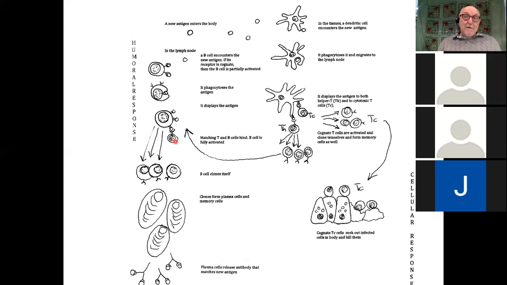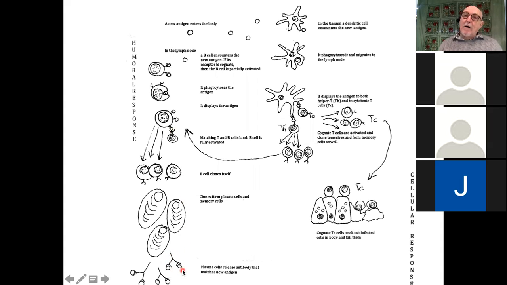And as soon as that happens, the B cell is powerfully kicked into cloning itself and starting to produce plasma cells, thousands of them. And the plasma cells produce antibody, and that antibody carries exactly the same specificity as was present on the B cell originally.